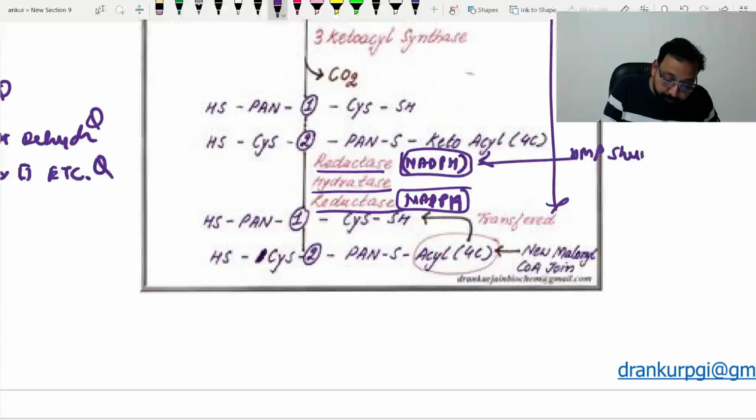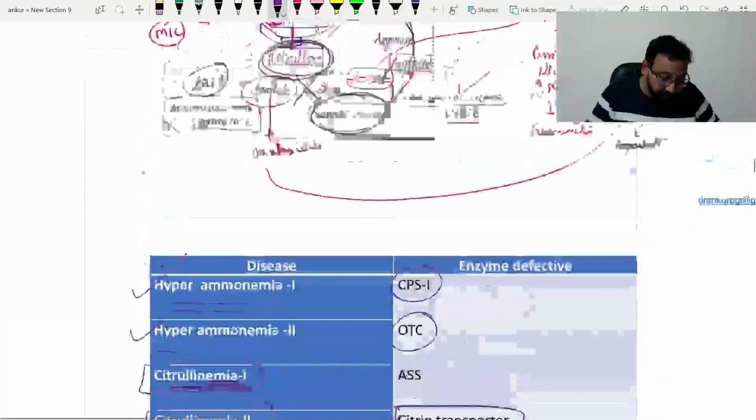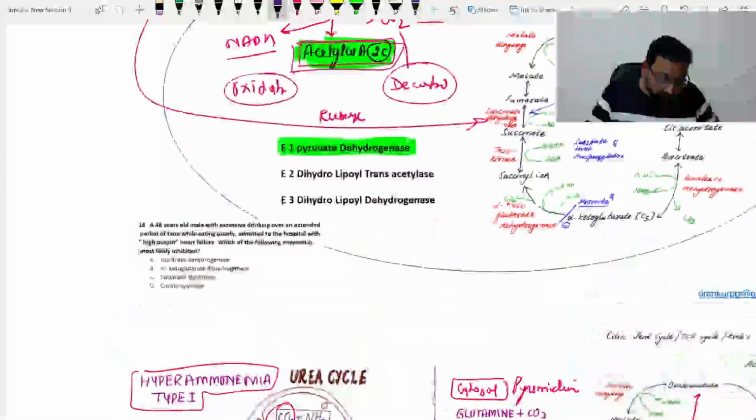NADPH is produced by the HMP shunt. A question was asked, if G6PD is deficient, what is the primary pathway which is affected? I have discussed, if G6PD is deficient, then the HMP shunt would not be there. In the HMP shunt, the first and rate limiting step is glucose-6-phosphate catalyzed by G6PD.